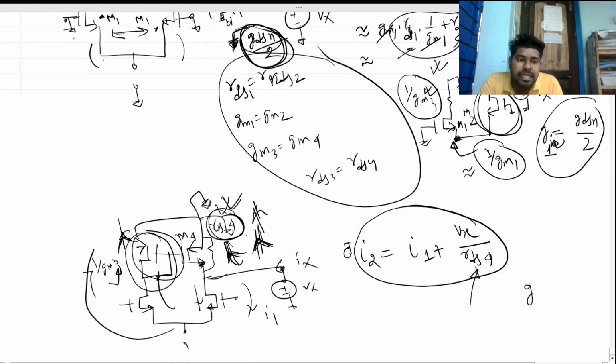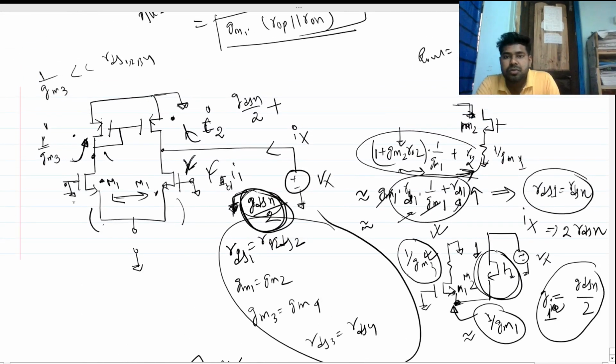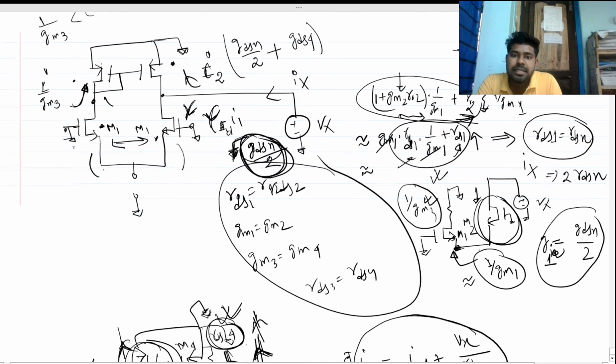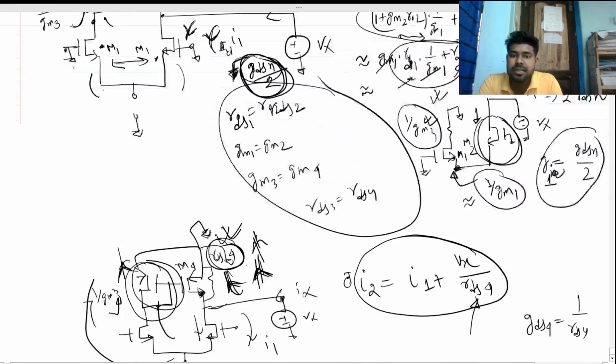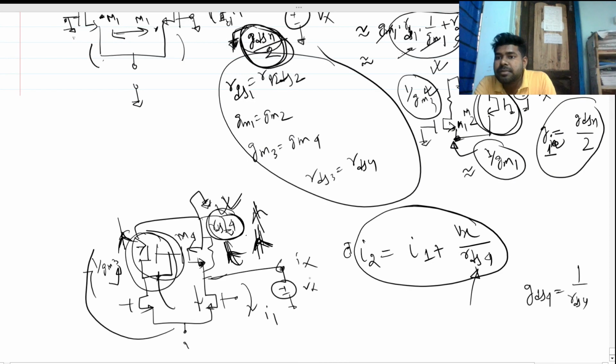This will be GDS4, which is 1 over RDS4. So we have two paths having two conductances. What will be the overall conductance? We have to do the summation, right? The total conductance.